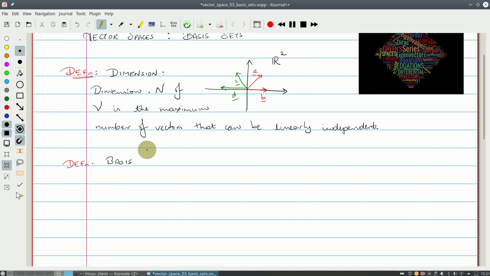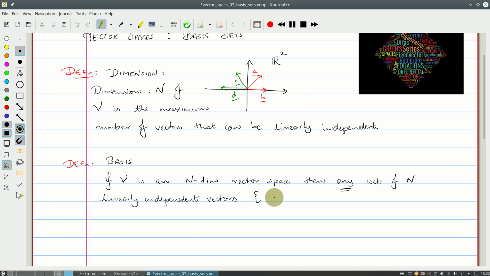All right, let me write this down in full. If V is an n-dimensional vector space, then any, and this is important here, any set of n linearly independent vectors, and I will call this set by curly braces E bar I. Now what this means, this is a short form for the set E1, E2, dot dot dot all the way to En.